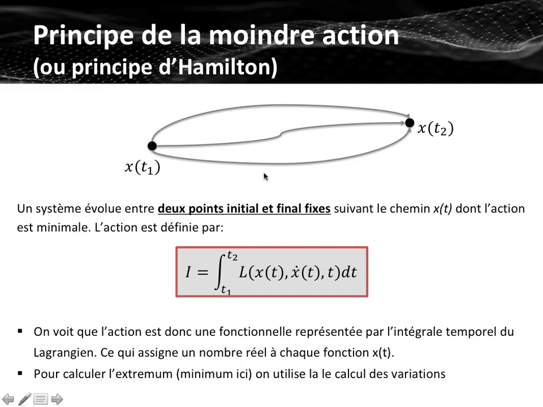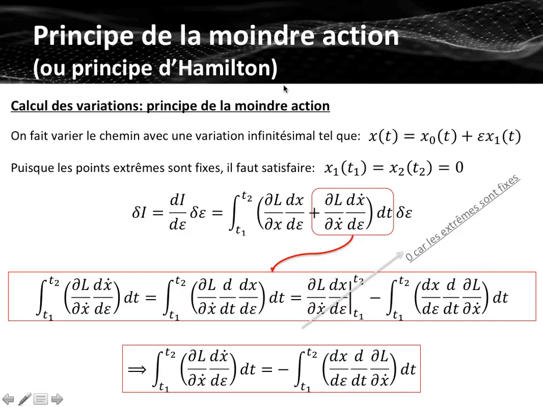So how can we calculate the minimum of the action, so that we satisfy the least action principle? Well, to do this, we use something called variational calculus. How do we do that? Well, we induce a small change of the trajectory, the function x of t, between the 2 points.